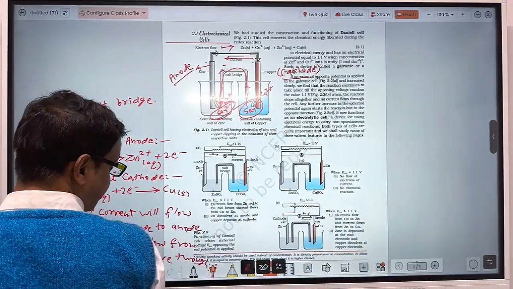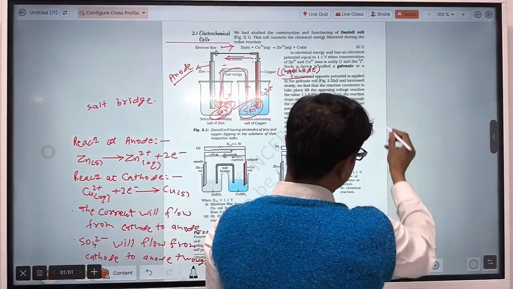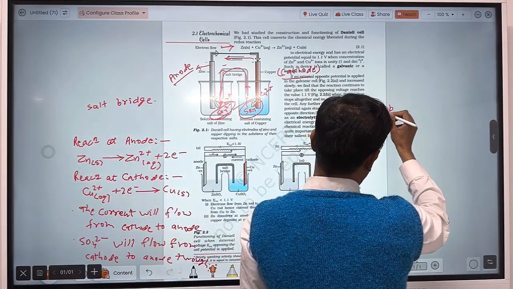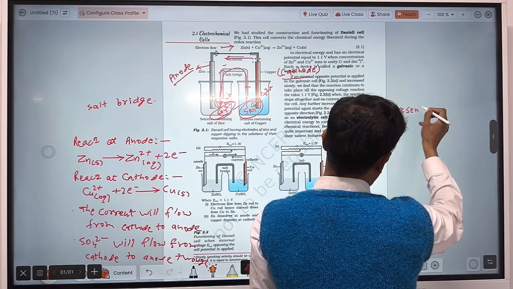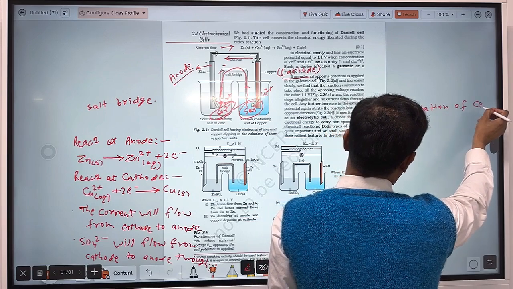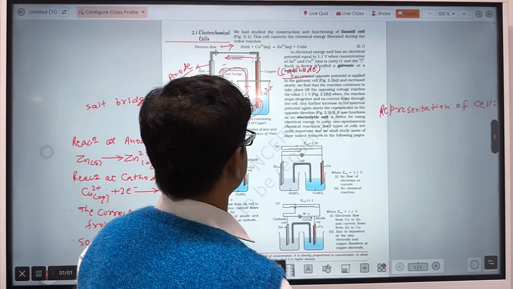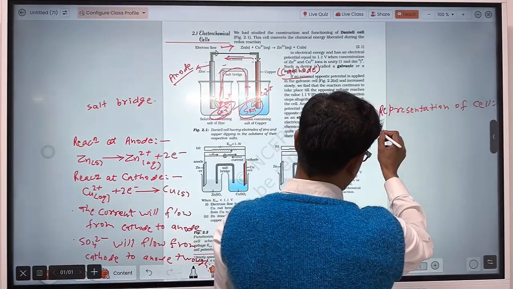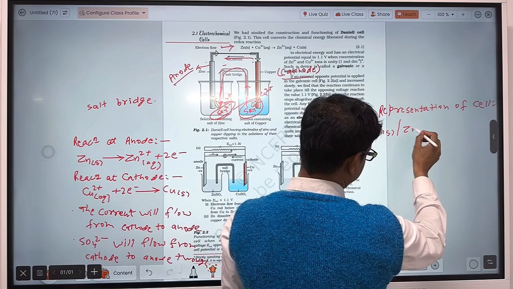Now let's see the representation of the cell. How will you represent this cell? Here the zinc atom is converted into zinc ion.